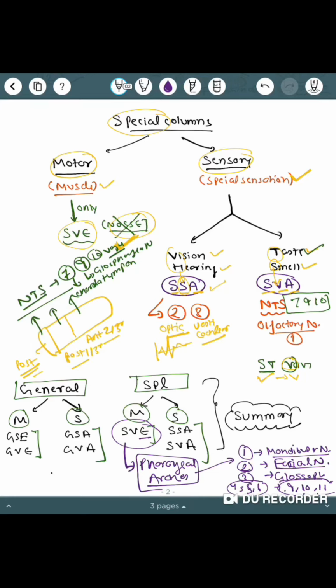And these 9, 10, 11 together are called the nucleus ambiguus. So in SVE we have the fifth cranial nerve, seventh cranial nerve, ninth cranial nerve, and nucleus ambiguus, which contains 9, 10, and 11.